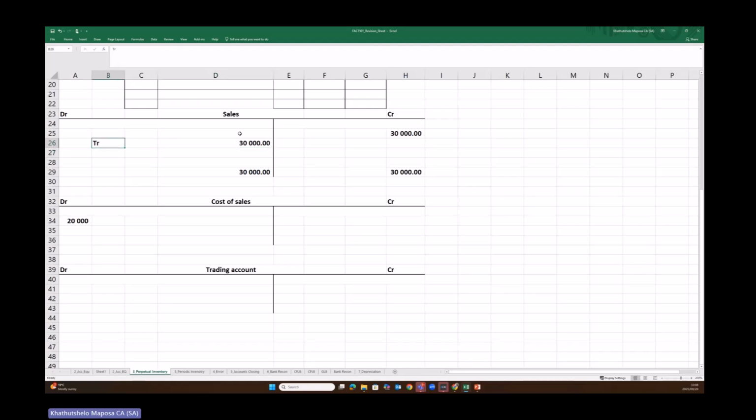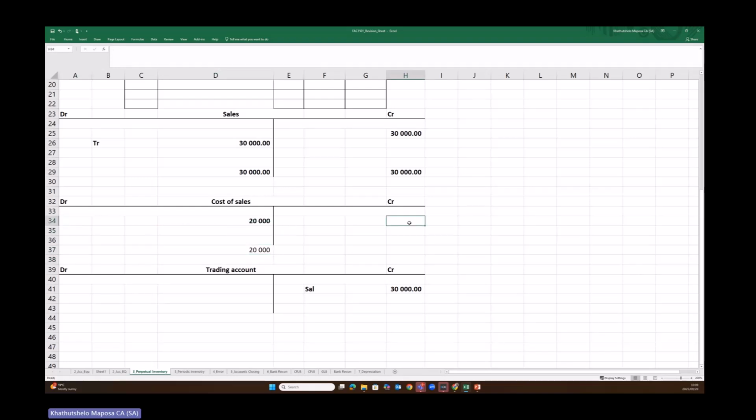And this means that on the trading account, since this one is debited, on the credit side of the trading account, you are going to have sales here. Cost of sales, you do the same. Debit side is 20,000, credit side is 0. Which one is bigger? The debit side is bigger, meaning your total is going to be 20,000.